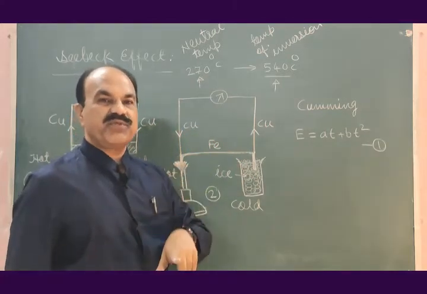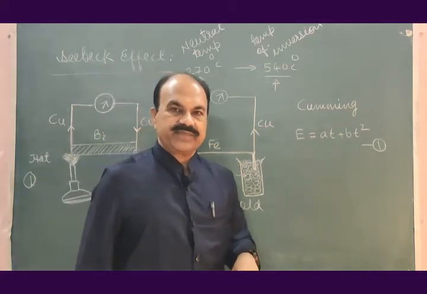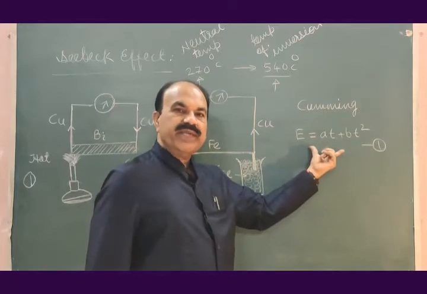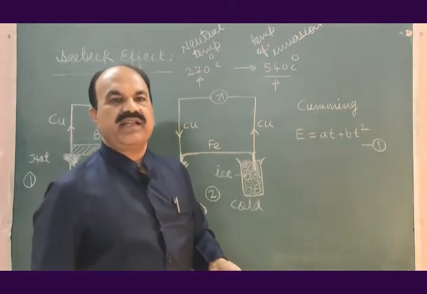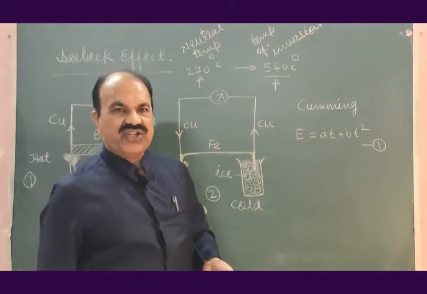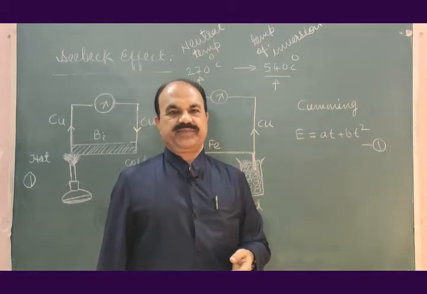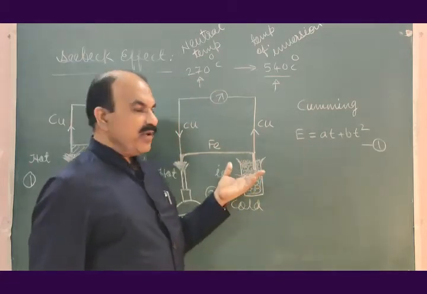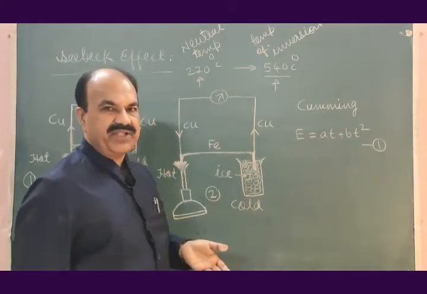The thermo EMF generated in this experiment, which is responsible for the flow of thermoelectric current, can be found by using this formula: E = AT + BT², where T is the temperature and A and B are constants. Cumming performed this experiment for various temperatures.